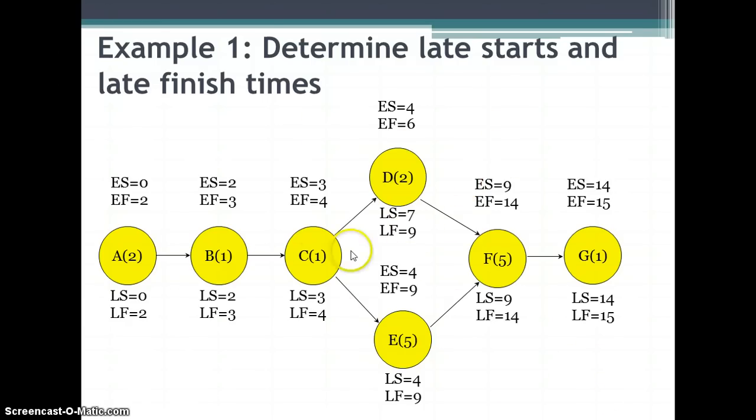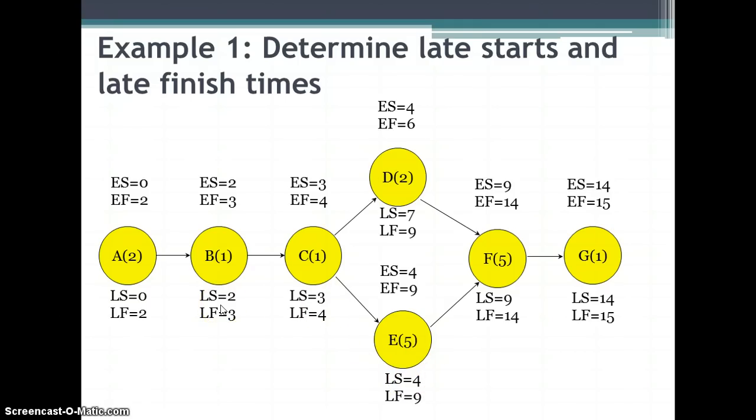So we will use the late start of 4 from E as the late finish of C, subtract 1, and the late start is 3. Why? Because we use the smaller of the late starts of the successors. And the successors of C are E and D, and the smaller one is 4.